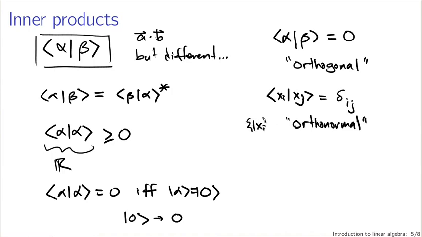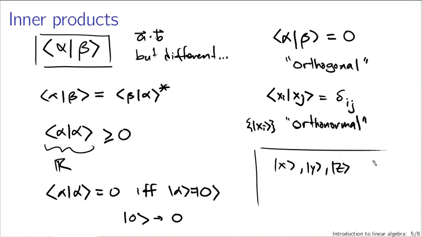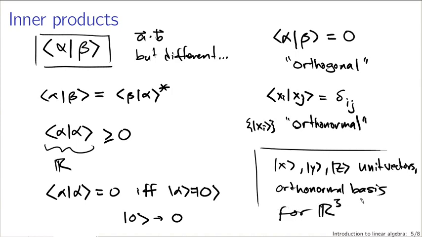This x sub i set is orthonormal. For instance, if I write x, y, z as unit vectors, they form an orthonormal basis for three-dimensional Cartesian coordinates.